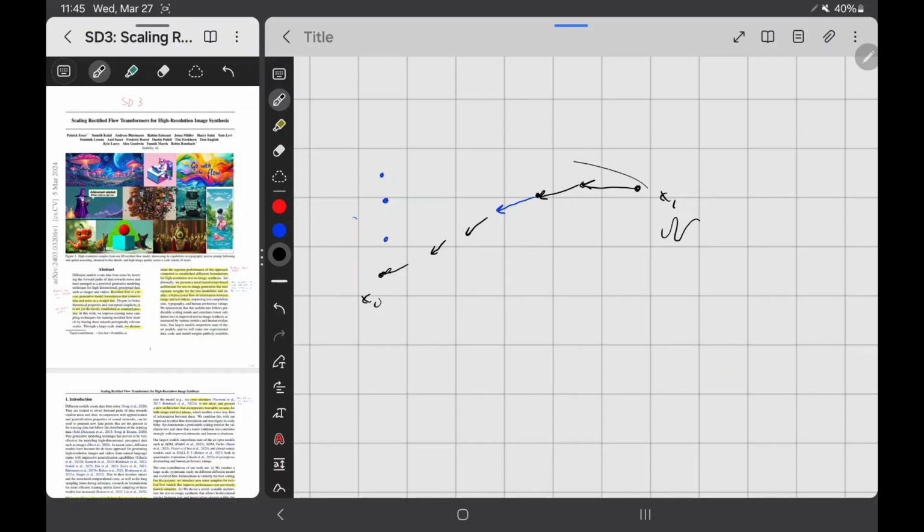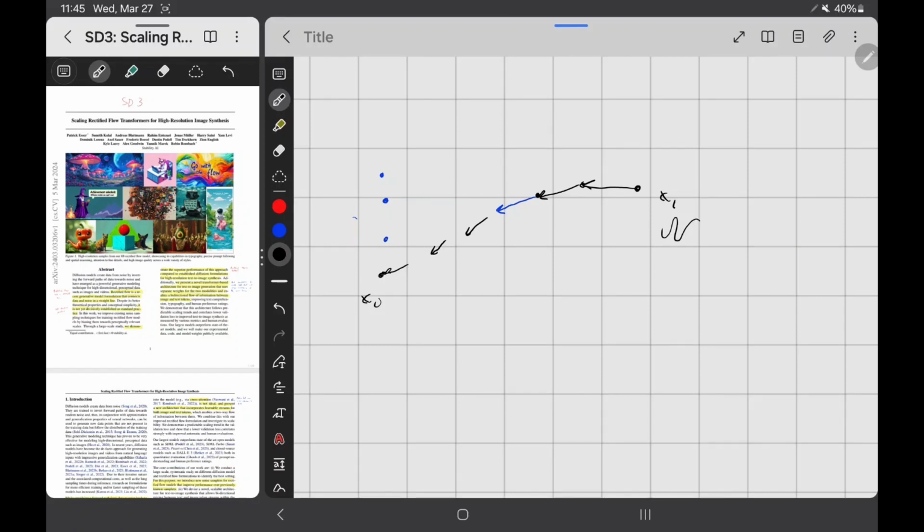This curvature is what forces you to take multiple steps. If it was just straight, you could do one step. But this is the intuition I wanted to give behind why you have to take multiple steps rather than just one straight step directly to the full image.